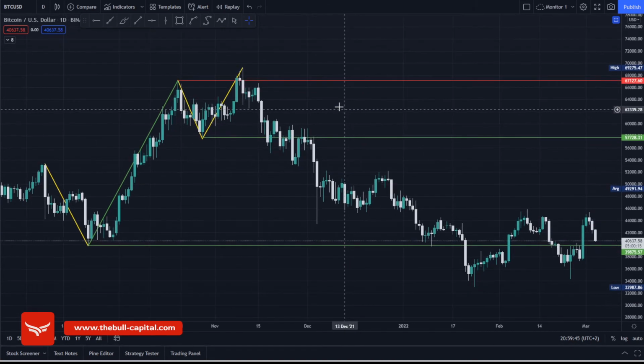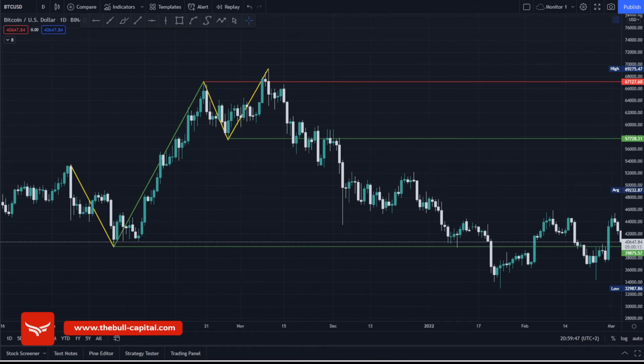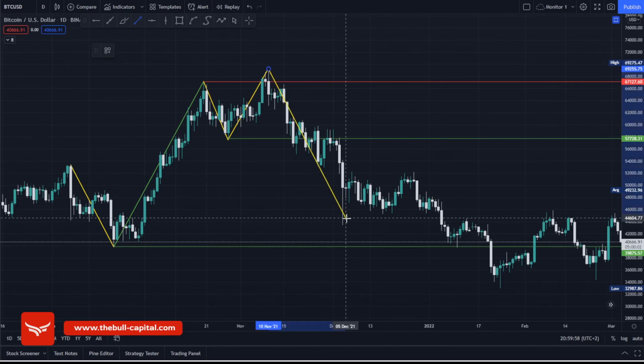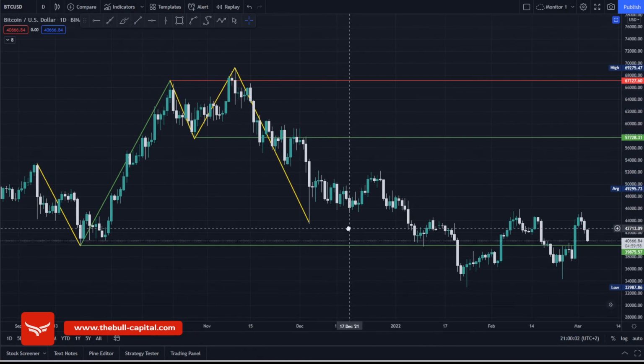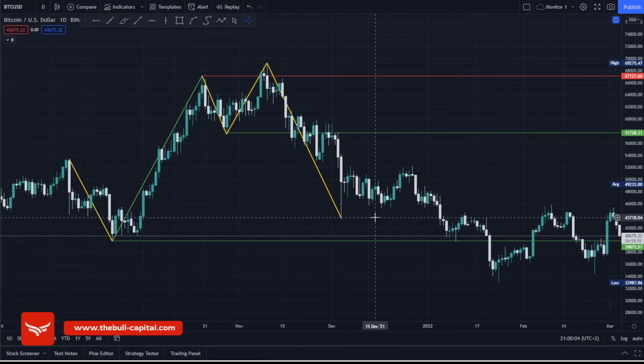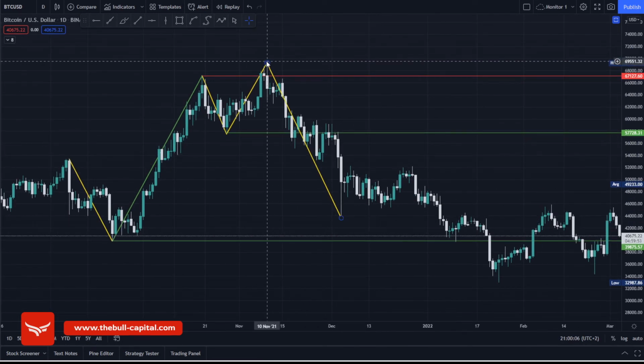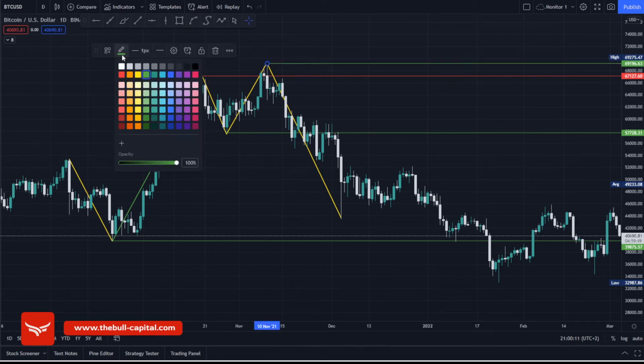Now let's do one more swing. From the highest price we go to the lowest price, and we have another peak here, and we're going to mark this peak as resistance.